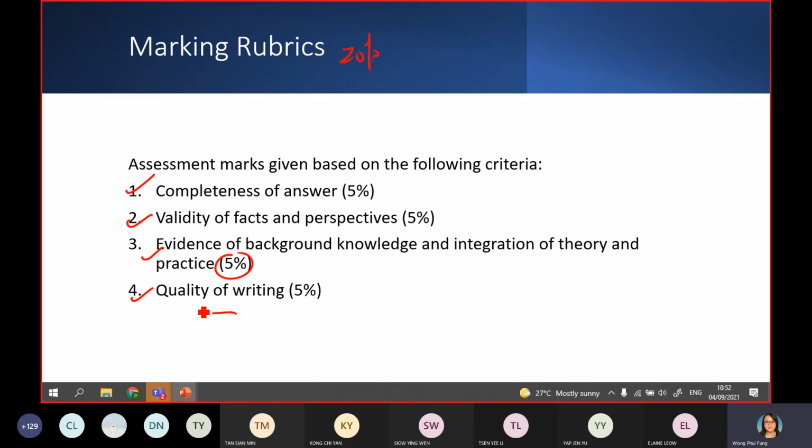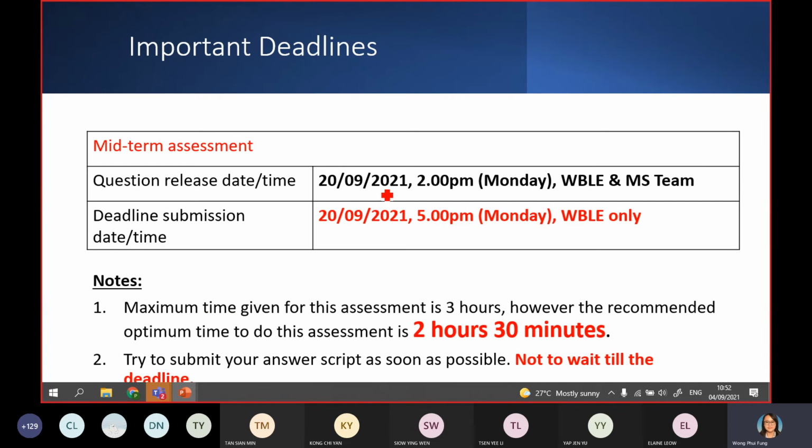Okay? So take note, on 20th of September, 2 p.m., I think 1:55 p.m., I will release the questions and the answer script at Babbler and also MS Team together. But the deadline for you to submit, 5 p.m., is only Babbler.